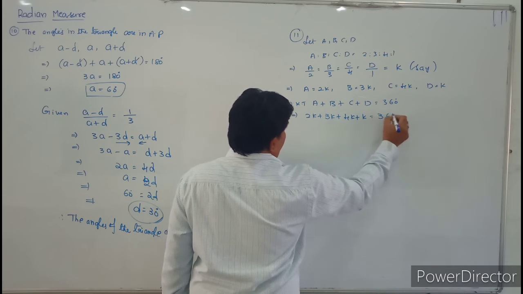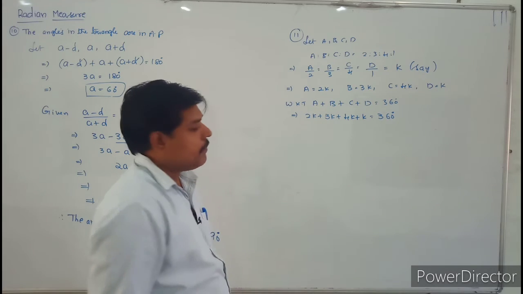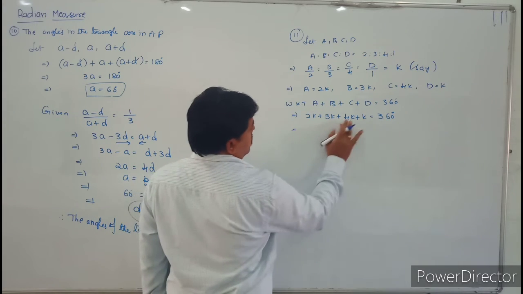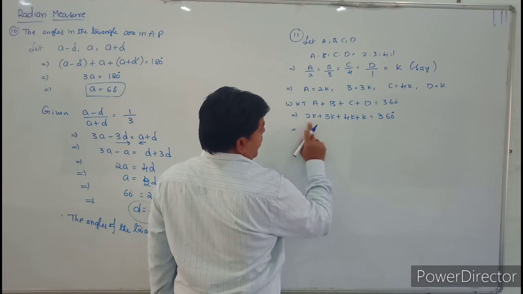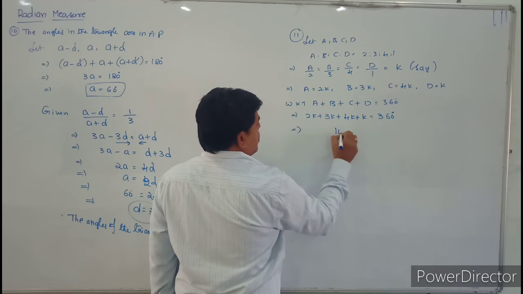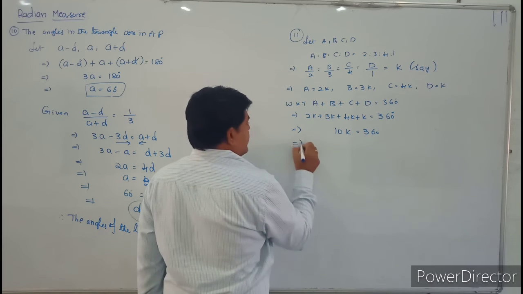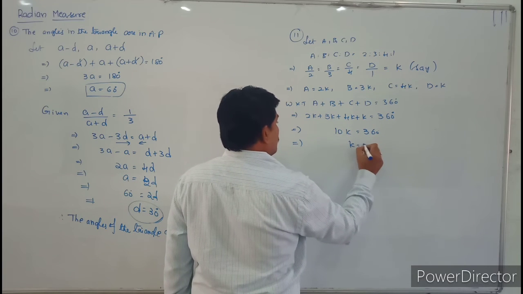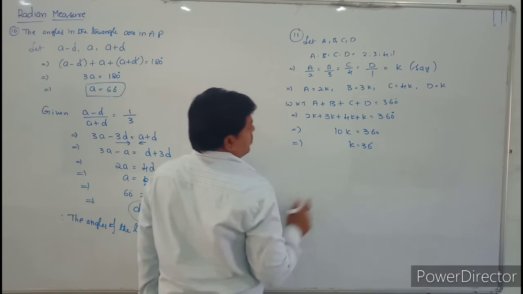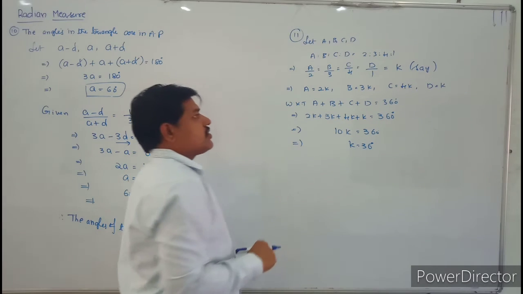This value will become 360 degrees. So add all these: 4 plus 3 is 7, 7 plus 3 is 10. So that implies 10k is equal to 360 degrees. That implies k is equal to 36 degrees.